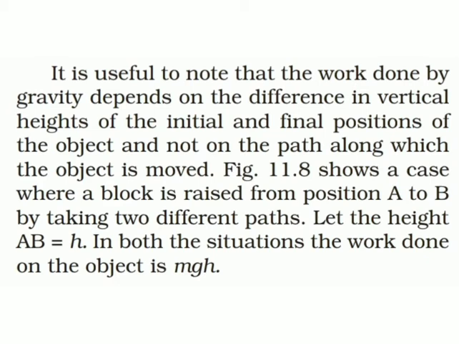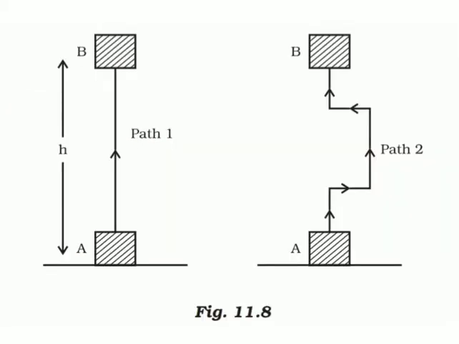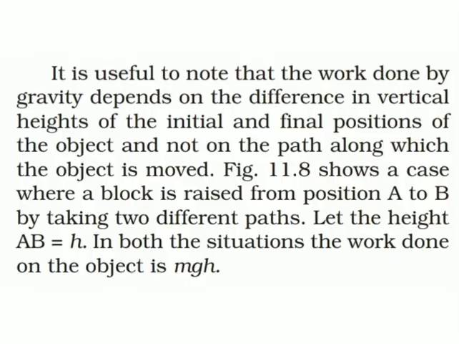Now the initial and final positions of the two objects are the same, named A and B respectively, even though the paths they followed are different from each other. So, let's say path 1 and path 2. We see that path 2 is greater than the distance covered by the object in path 1. Even then, they have reached the same height.